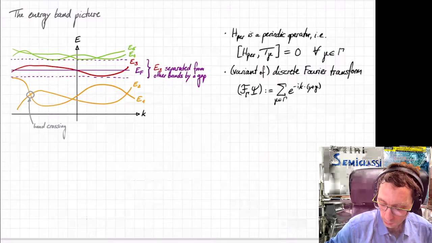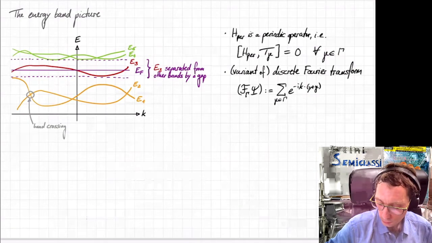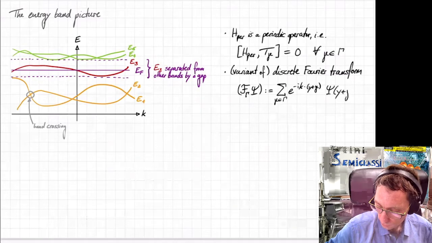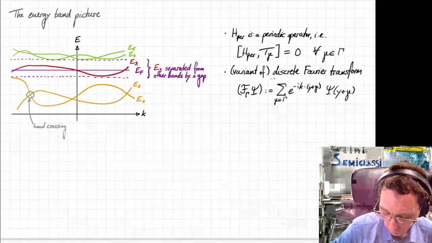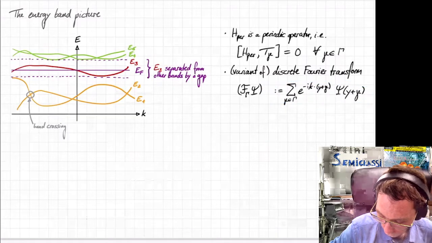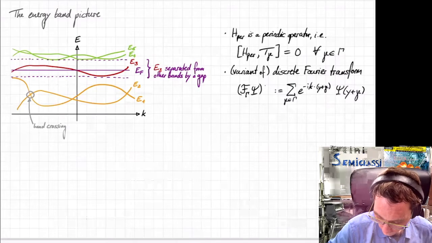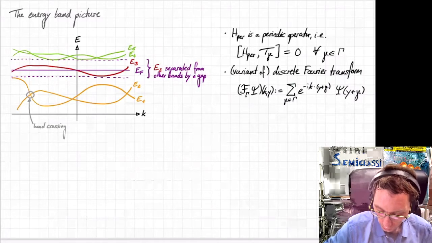So you have to multiply the shifted function by a phase factor. And here I think it is important to also add that the function on the left depends on k and y.